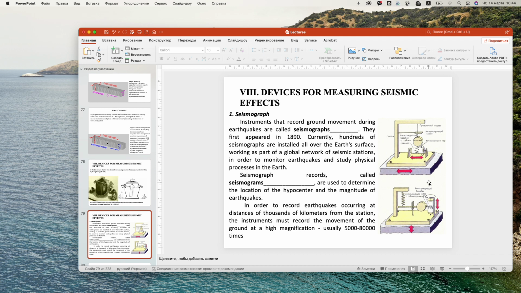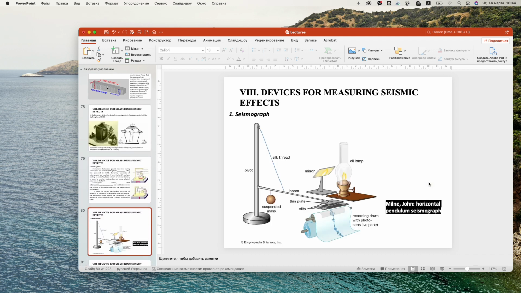Those records describe the impact of the earthquake on the structure or structural element. Those records are the record of displacements. But displacements are not the main parameter which we have to analyze when we are considering earthquake effects.